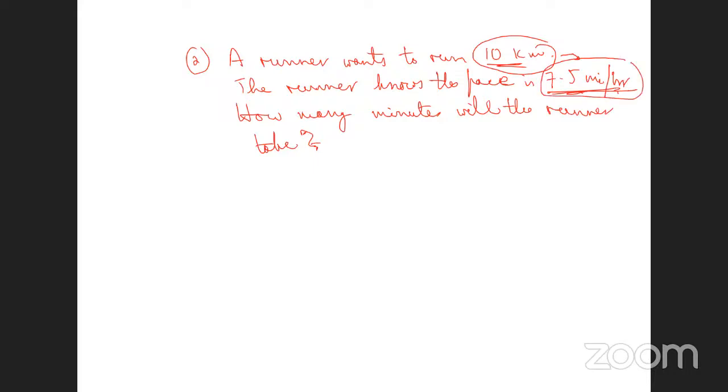So if you just go by the givens, we have been given 10 kilometers. That's what they're asking the time for. I will put t for time, and then the speed or the pace is given as 7.5 miles. It's not minutes, so I'll put the entire thing, miles per hour. And that's given.